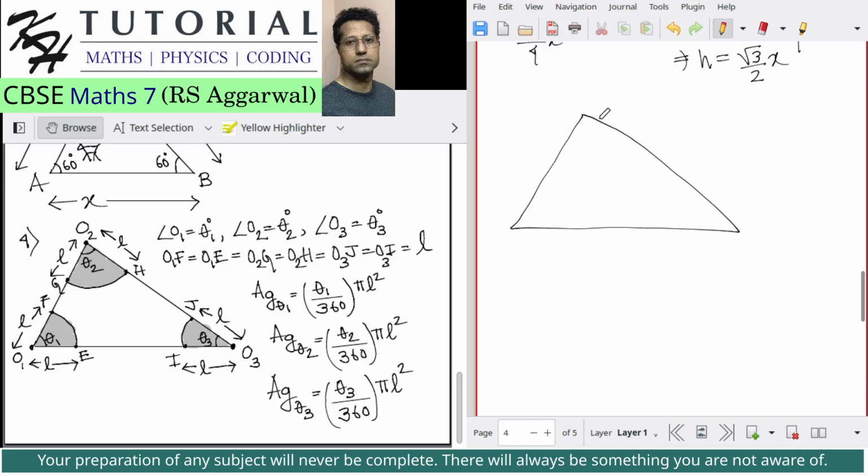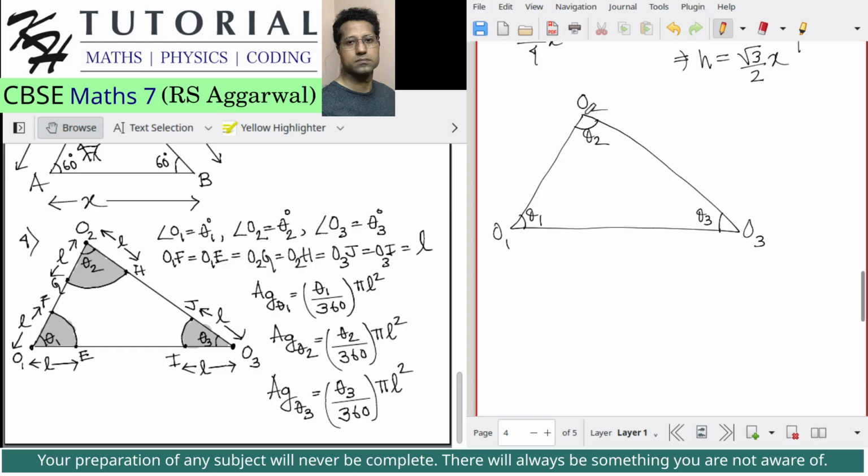I have referred to all the vertices with O, since I am naming the point at which the animal is tied as O. So this is O1, O2, and this is O3. Let's say these are the vertices of any triangle where this angle is theta 2, this angle is theta 1, and let's say this be theta 3. All these angles are in degrees.